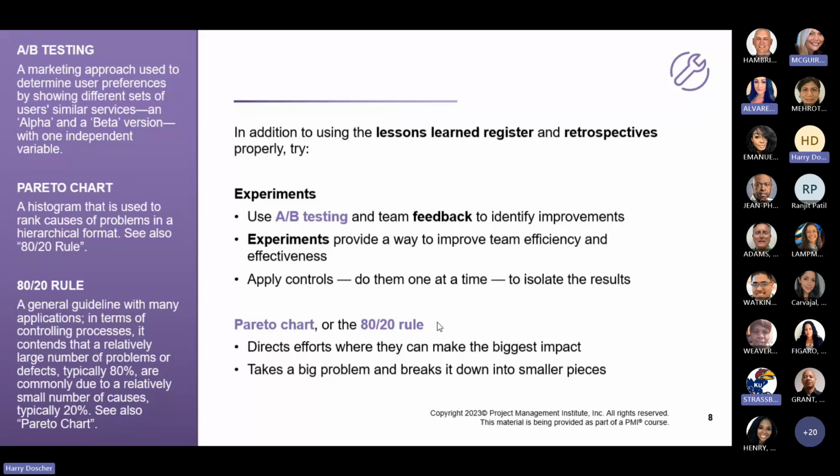It's either a module of code, or it could be a particular portion of a construction project. If you've got issues, if you've got defects, and you plot them out against the cause, you'll find that they fit into this 80-20 rule.